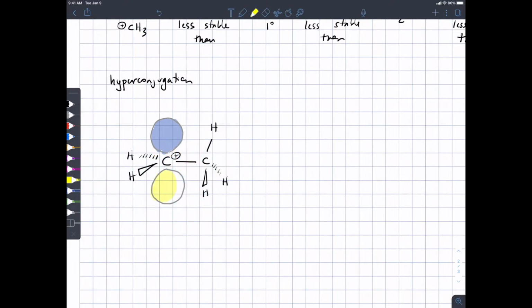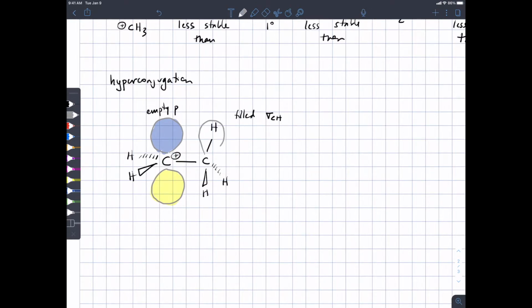There is a node at the nucleus of carbon, and in the plane of these atoms, where the wave function goes to 0. We don't care if it's plus or minus here or here, just that they're opposite. And the carbocation provides a situation in which that empty p orbital can line up with and mix with an adjacent filled carbon-hydrogen sigma bond.